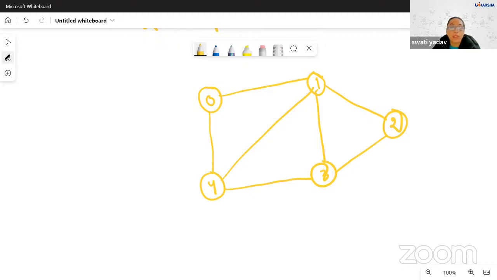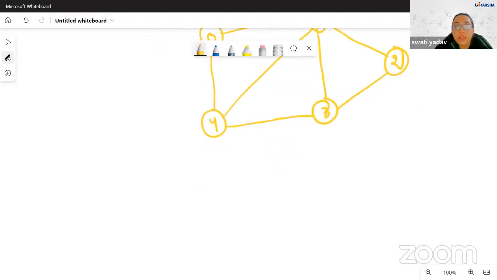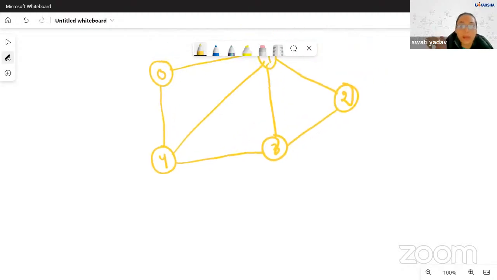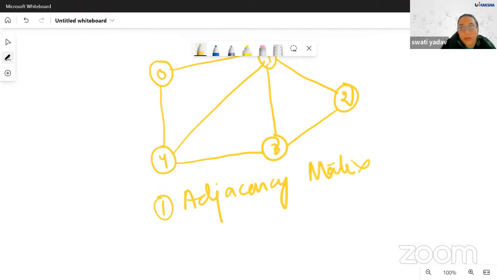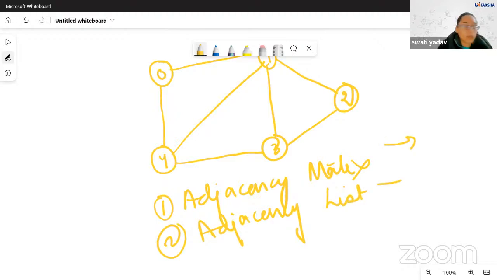Now there are two most commonly used methods. I'm not saying these are the only two methods, but most commonly used are adjacency matrix and adjacency list.